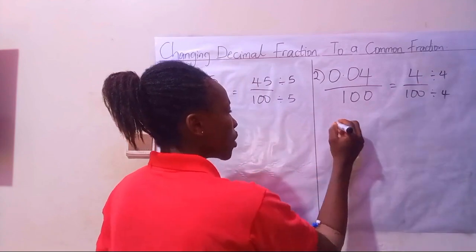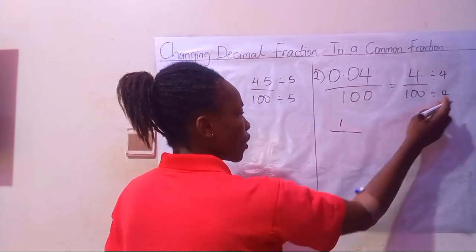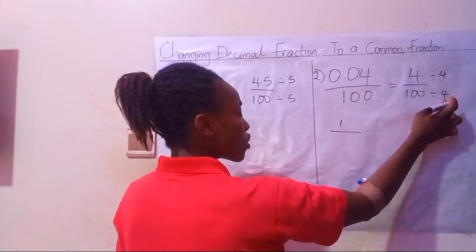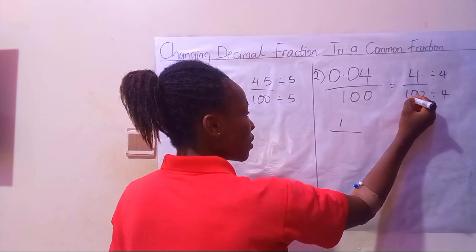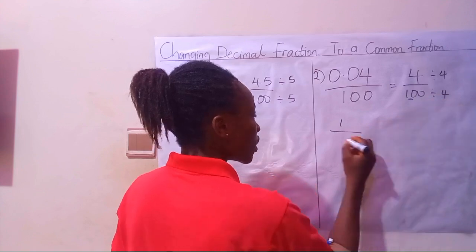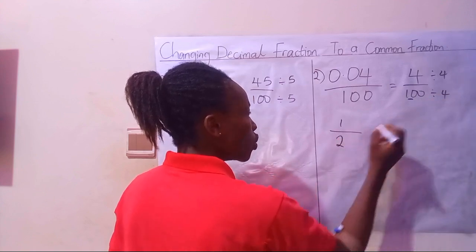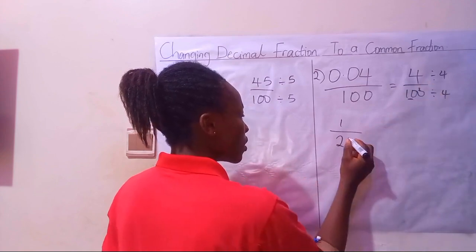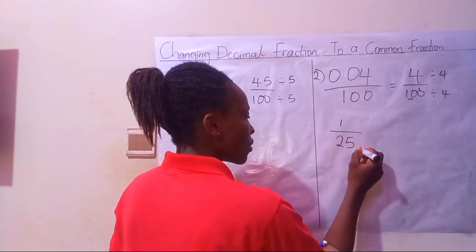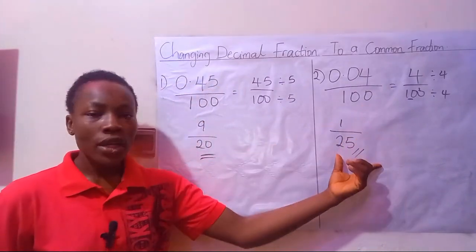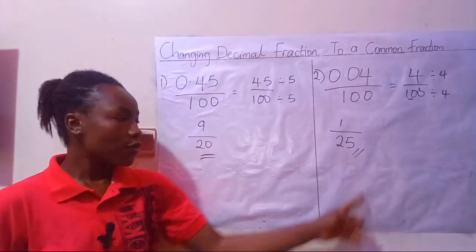When we divide this, we have 1 all over, and when we divide 100 by 4, first of all, let's use 10 to divide 4, we are going to get 2 remainder 2. So we now have 20 to have 5. So we have reduced it to its lowest term, that is 1/25.